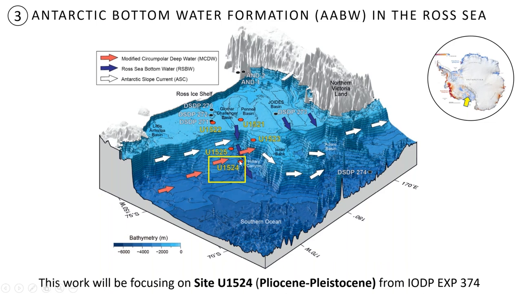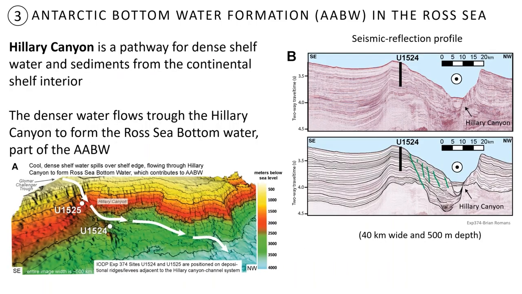This area is located around the continental rise to the slope, in what is known as the Hillary Canyon. Hillary Canyon is a very large channel-levee system that is a pathway for the dense shelf water being formed on the Ross Sea shelf, and all the sediments are coming from the continental shelf interior.